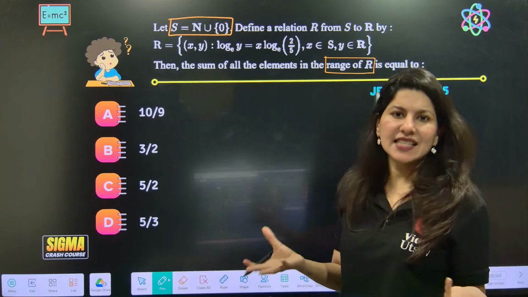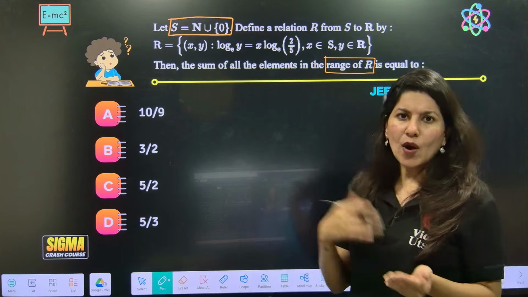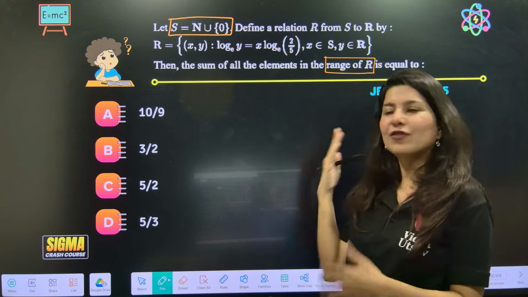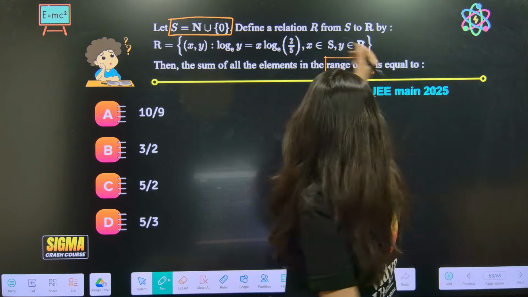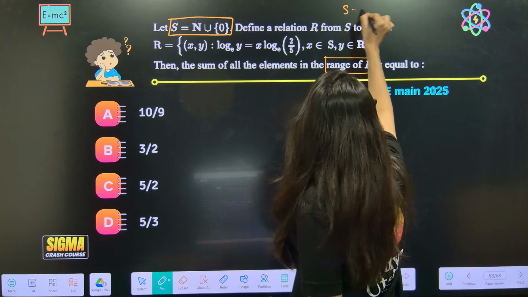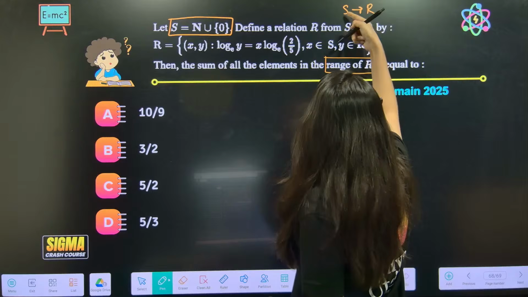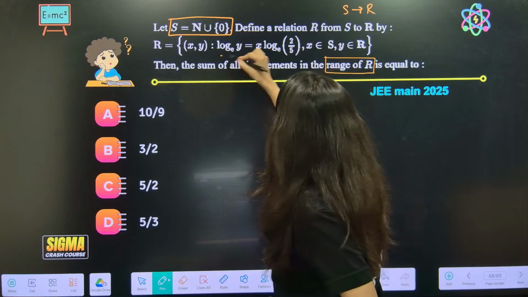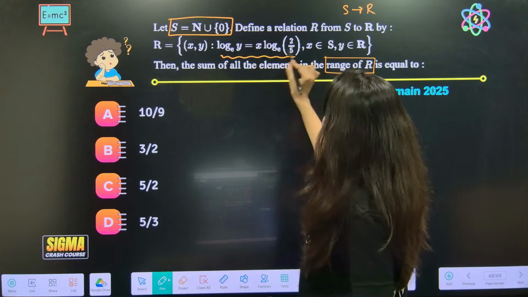Basically, set S is whole numbers. If you combine 0 and natural numbers, you will get whole numbers: 0, 1, 2, 3, 4 and so on. Now, relation R is defined from S to R. Here, S is whole numbers and R is real numbers. This is your relation.